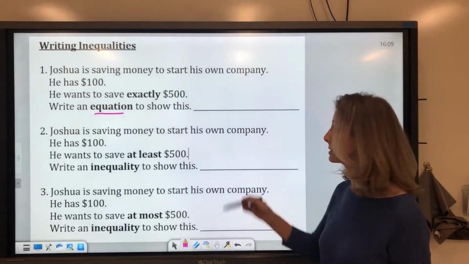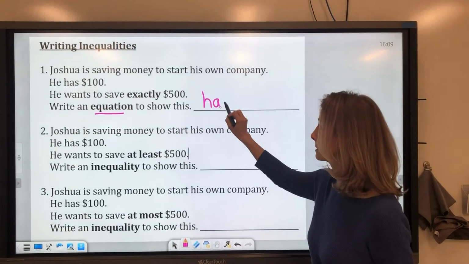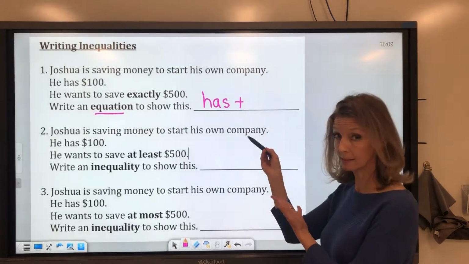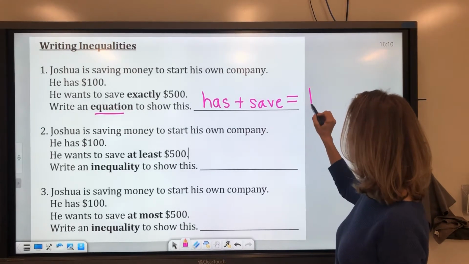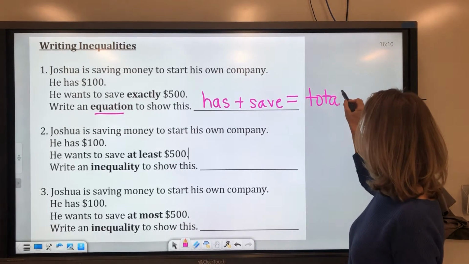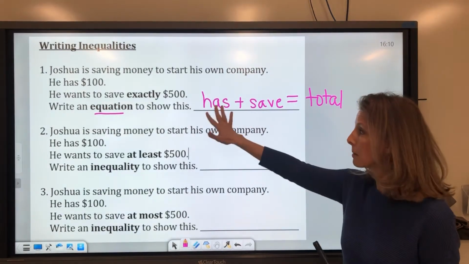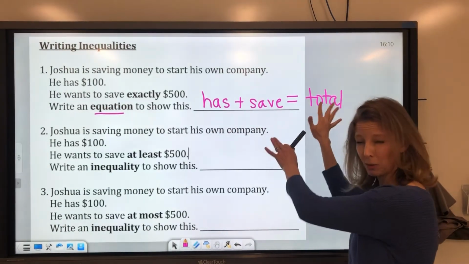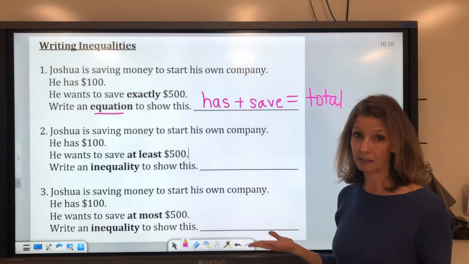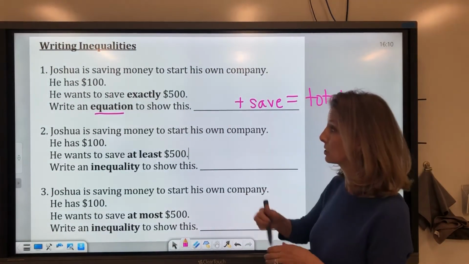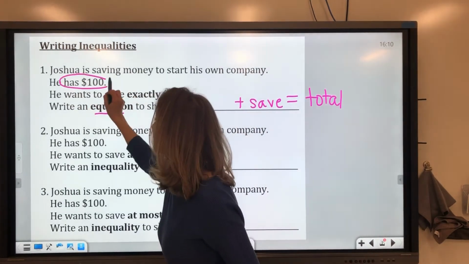So think about this. We know that he has some money, plus he's going to save, and he wants that to equal the total amount. Think about what we can erase in terms of our words here and actually put in variables or numbers. Do we know what he has? We do. He has $100.